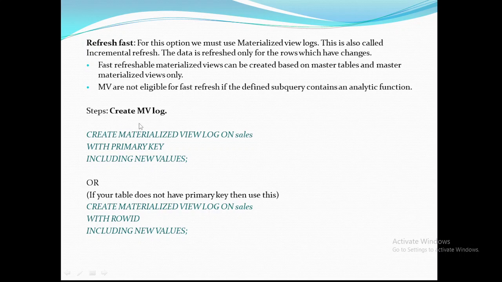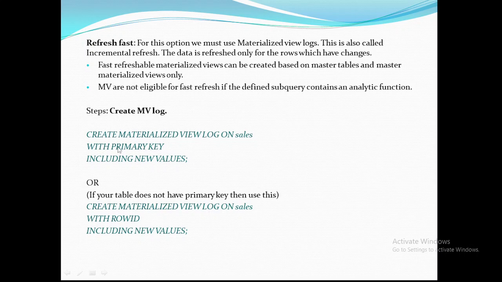So for creating the logs for fast refresh, we can use create materialized view log on the table which we are using for creating the materialized view. We need to create the view log on both the tables. Like if we are using three tables in our materialized view query, then we need to create the materialized view log on those three tables.